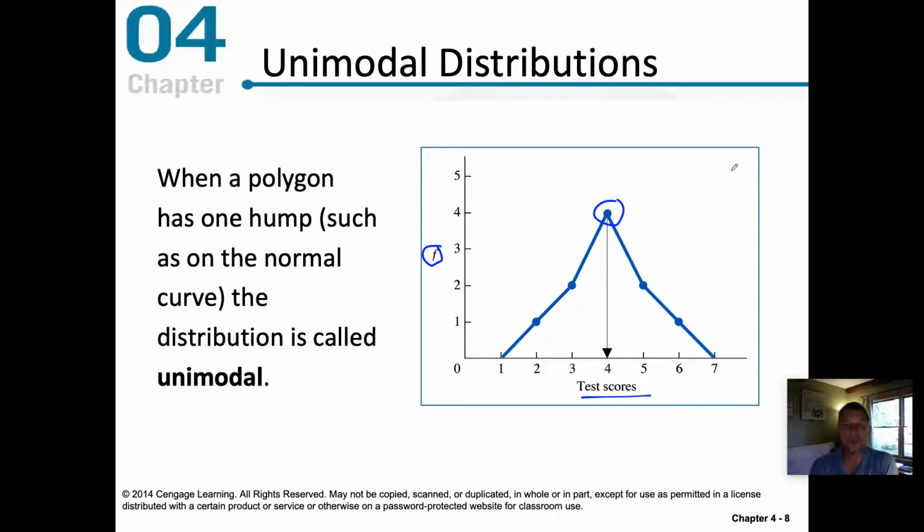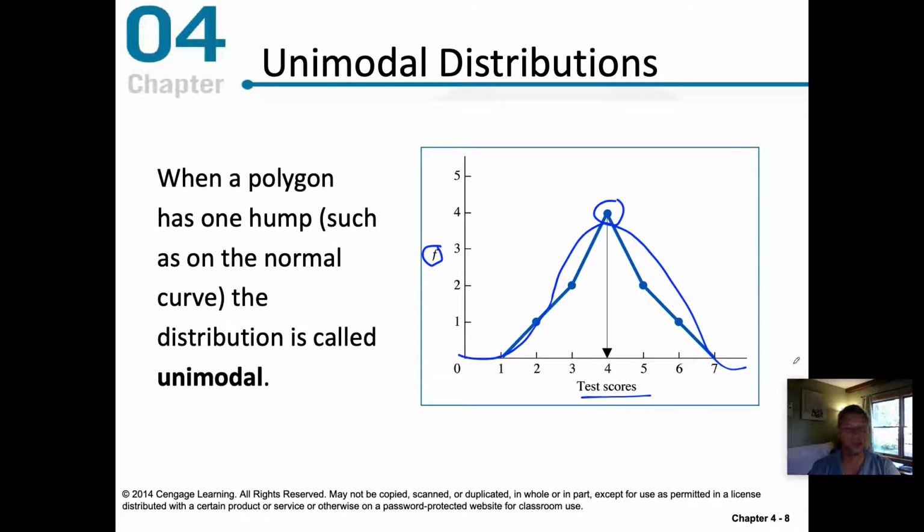And in this particular example, this is what we call unimodal, meaning that there's only one mode. Oh, that's an interesting thing. There could be more than one mode. Yes, indeed. We'll get to that in a second. When a polygon has one hump, such as on the normal curve, this is not a normal curve because it's drawn with lines, but if we drew this as a normal curve, then this distribution would be unimodal, meaning that there's only one score that has the highest frequency in appearance.